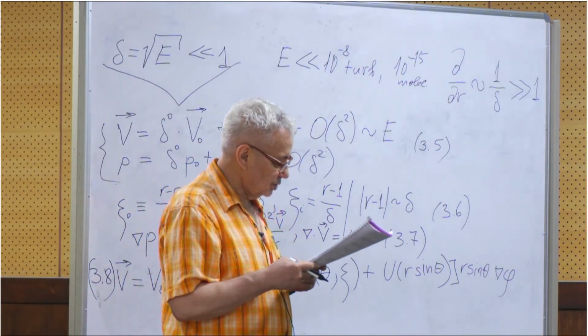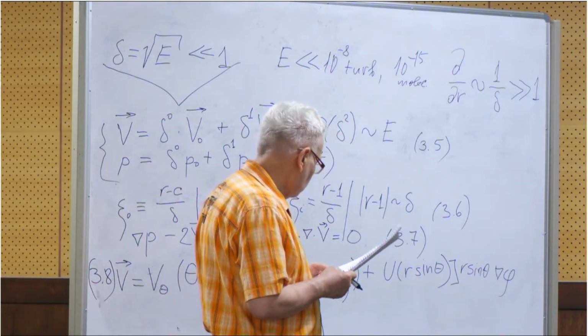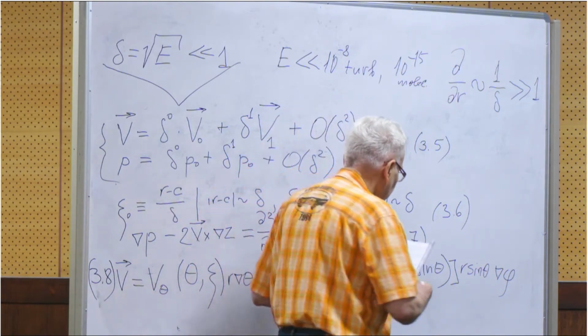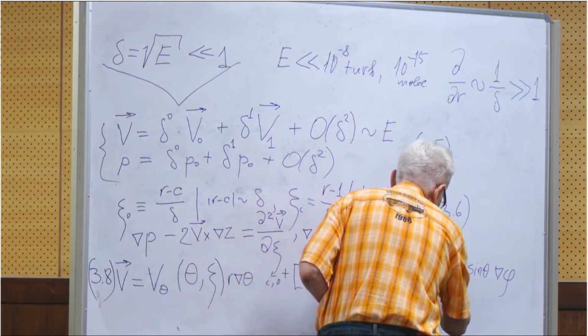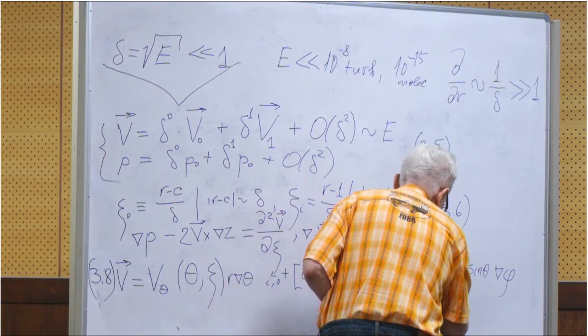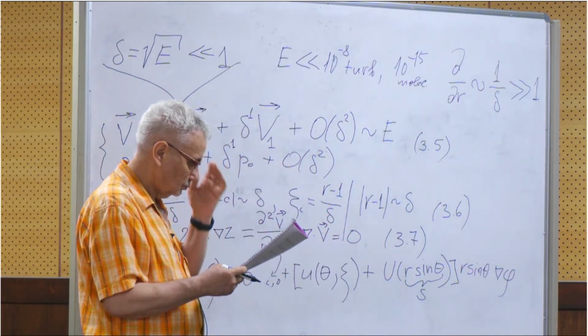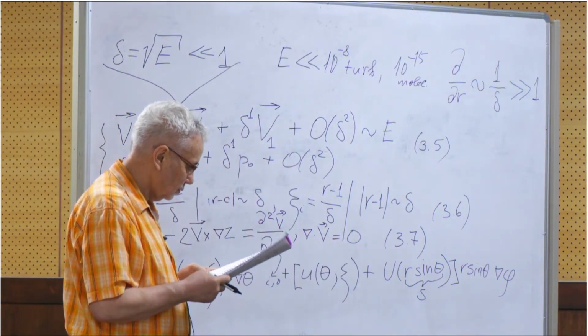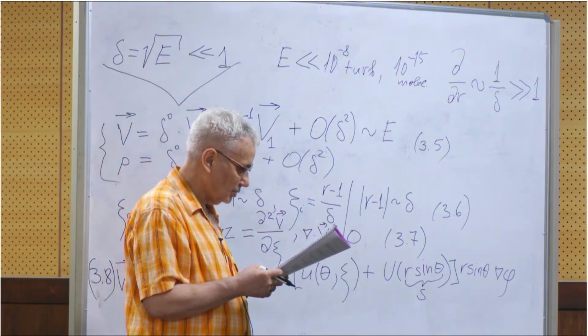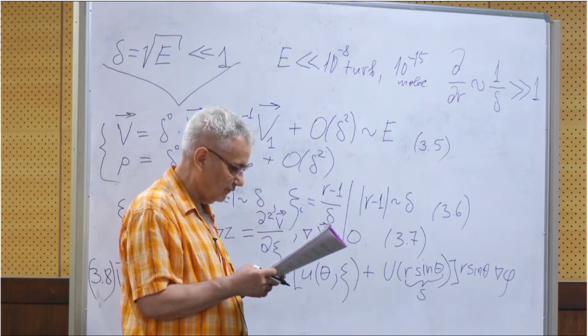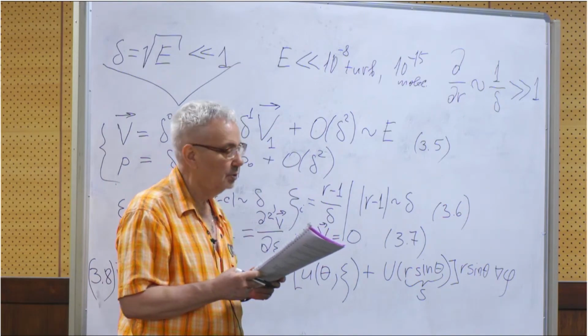And it's necessary to stress that here u of S, this S actually is the cylindrical radius, S. U of S is the derivative of the pressure function defined in 214.